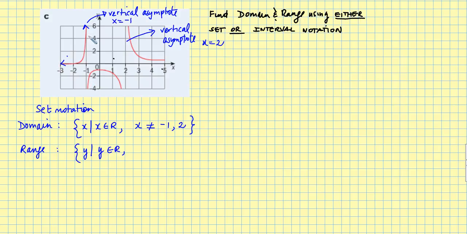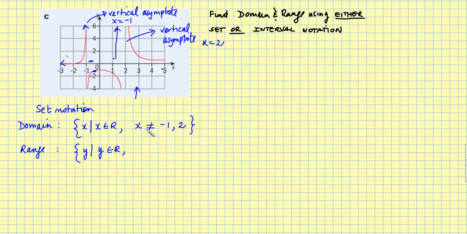Well, for sure, as I'm moving from the bottom up, I have negative infinity going all the way towards negative 1. It seems to be approaching negative 1 but not crossing it. And at the same time, it seems to be going to 0 and then going towards positive infinity.